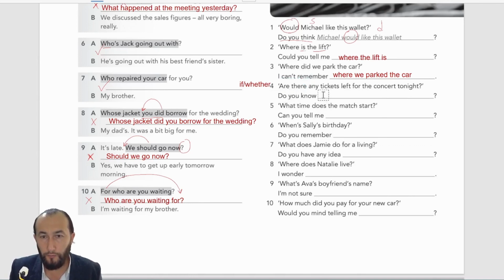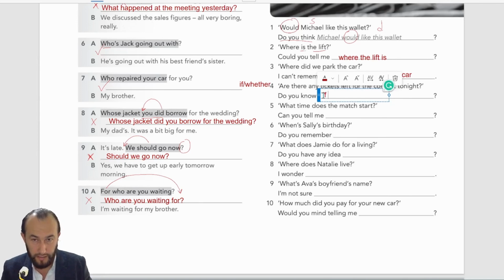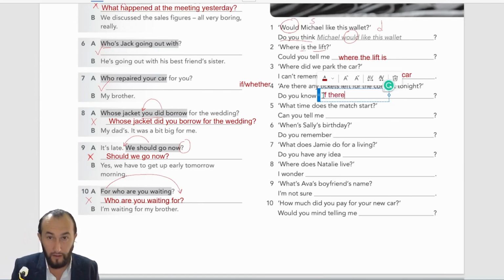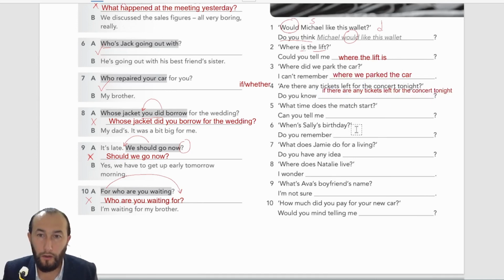So, do you know, we say if. Now I need to use a proper sentence structure. So I don't say are there. Do you know if there are any tickets left for the concert tonight?